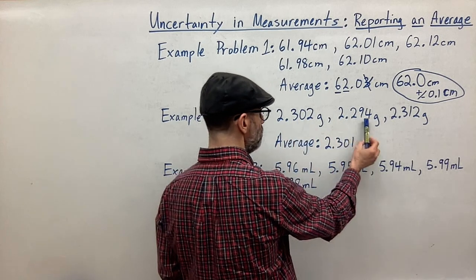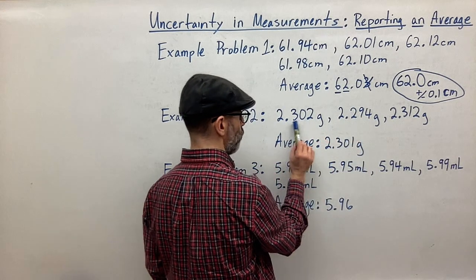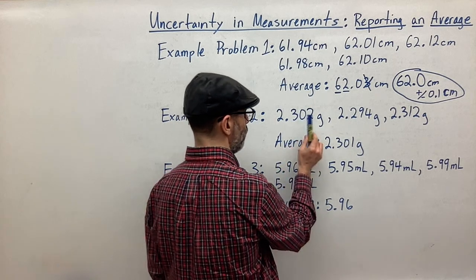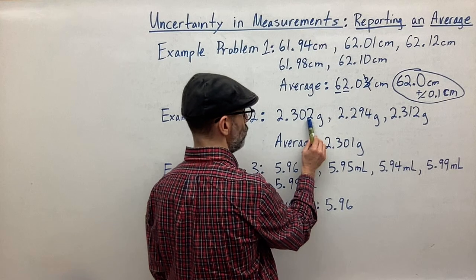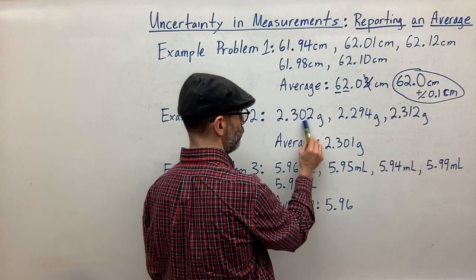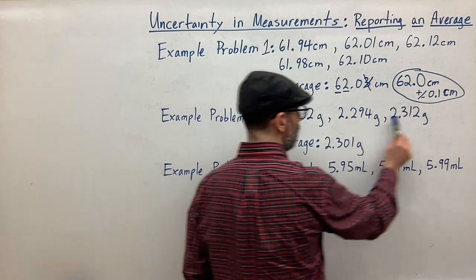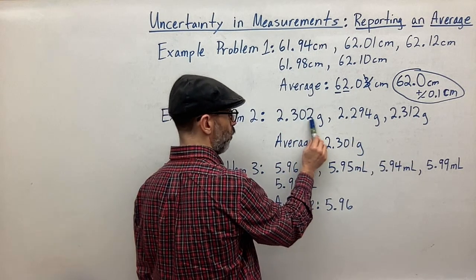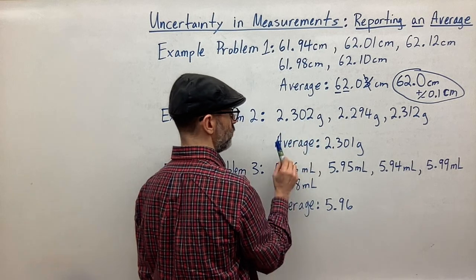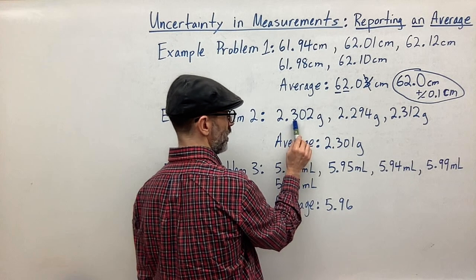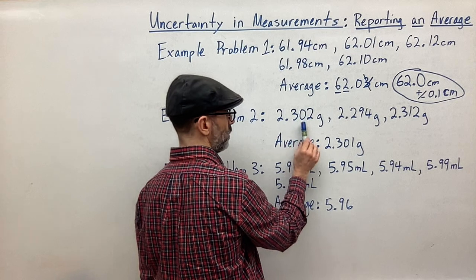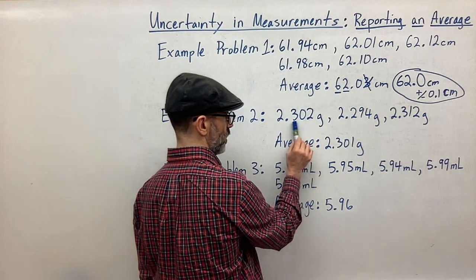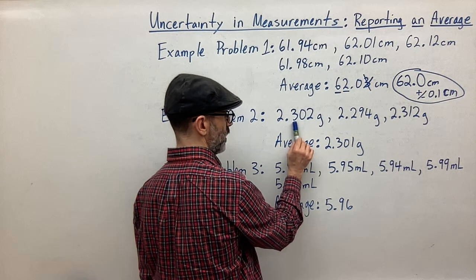So here we're on the edge of 2.3. So we'll keep the 3 there. And so we have a 0 and a 2. So that's fluctuating. So in these measurements, we have uncertainty in the thousandths place and the hundredths place. And our fluctuation in the tenths place is only because we're on the edge of 0.3. And so fluctuation here is going to cause fluctuation here.